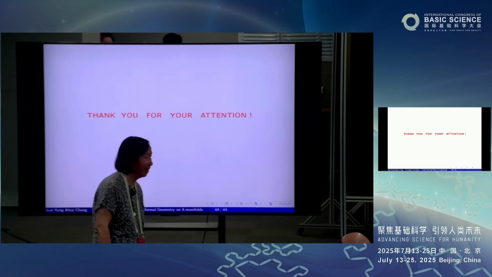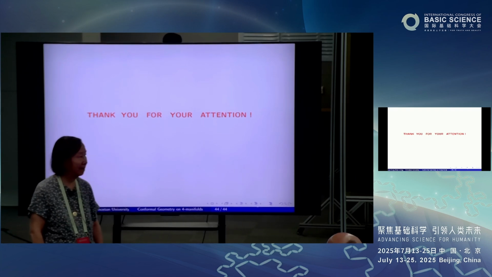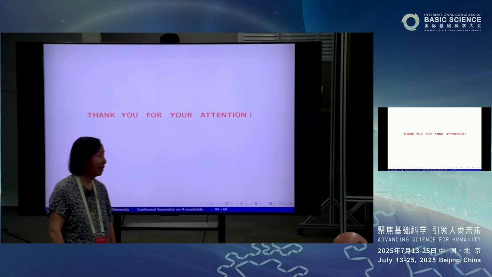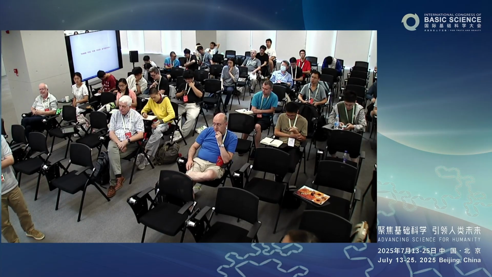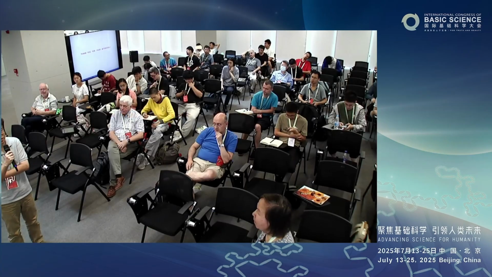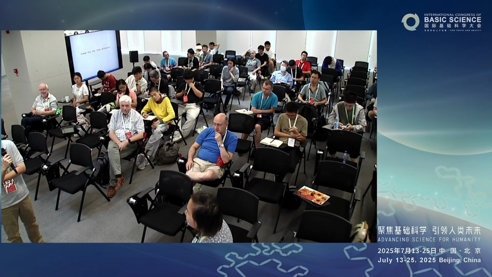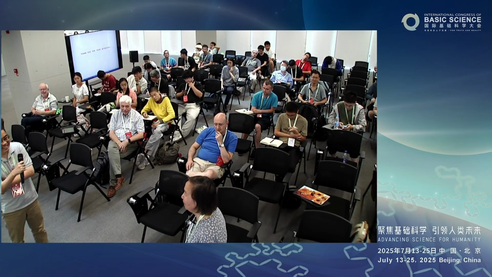Any more questions? Maybe I have one. If the manifold is algebraic, is there any implication of this conformal invariant on the complex algebraic surface? I don't know.